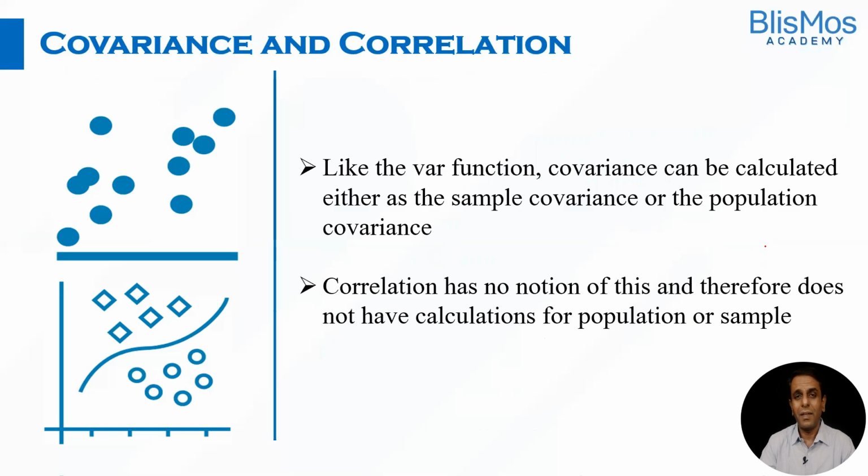The way we understood that variance can be computed on both the sample and the population, in the same way covariance is also calculated either on a sample or a population. But correlation does not have any notion of sample or population. It is just a correlation between the two columns. That's it.